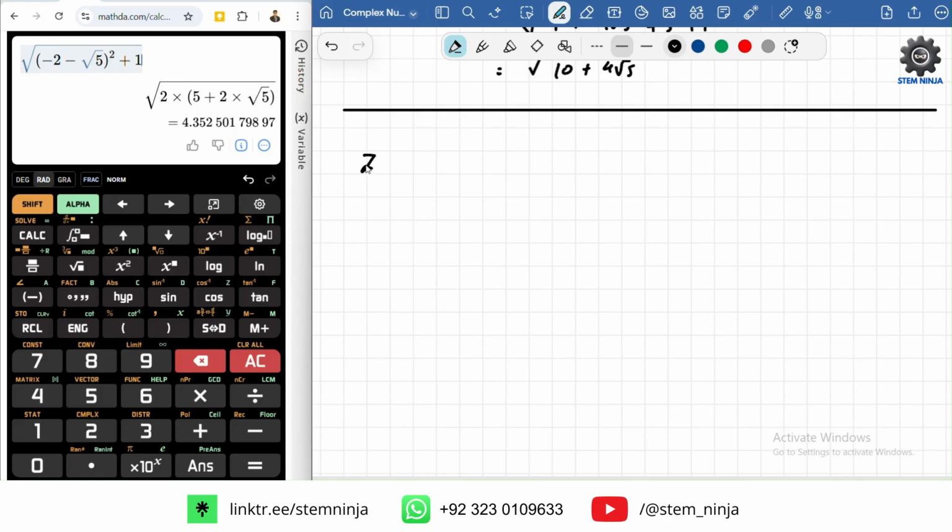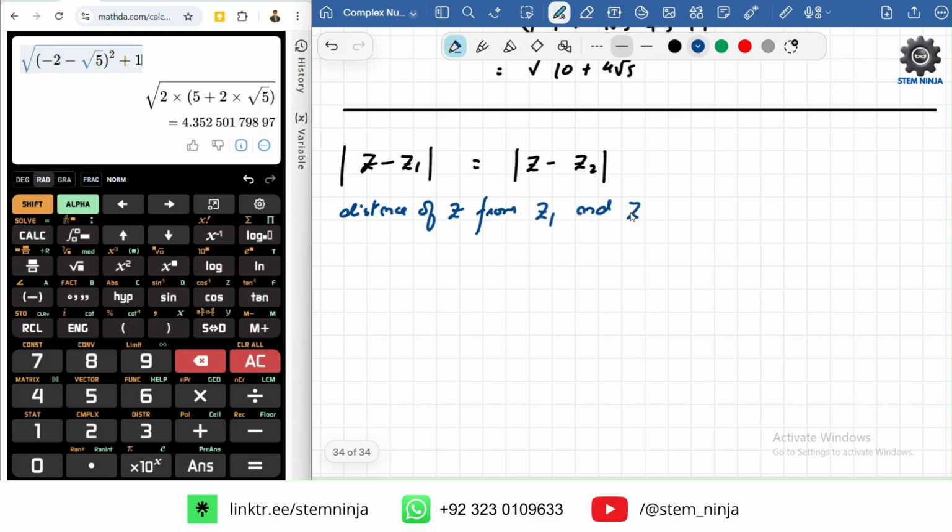Now, when you have z minus z1, we know it's the length from z1 to z. And we want this to be equal to the length from another point. So basically what we're saying is that the distance of z from z1 and z2 are equal.